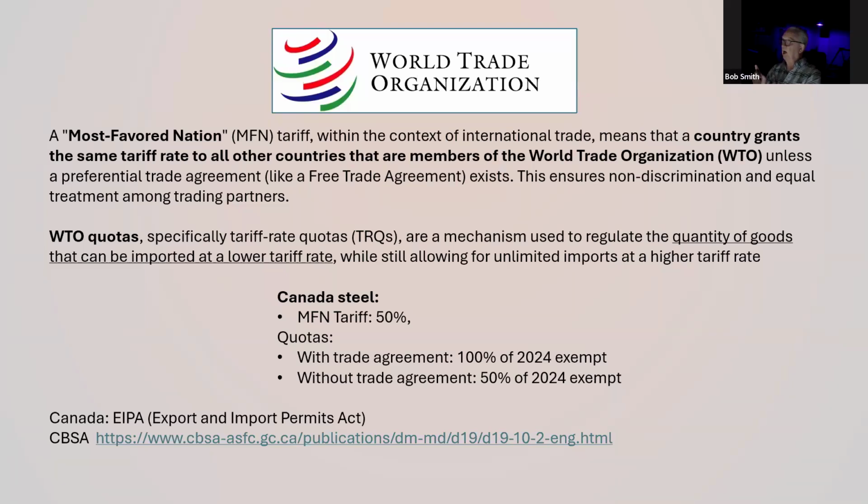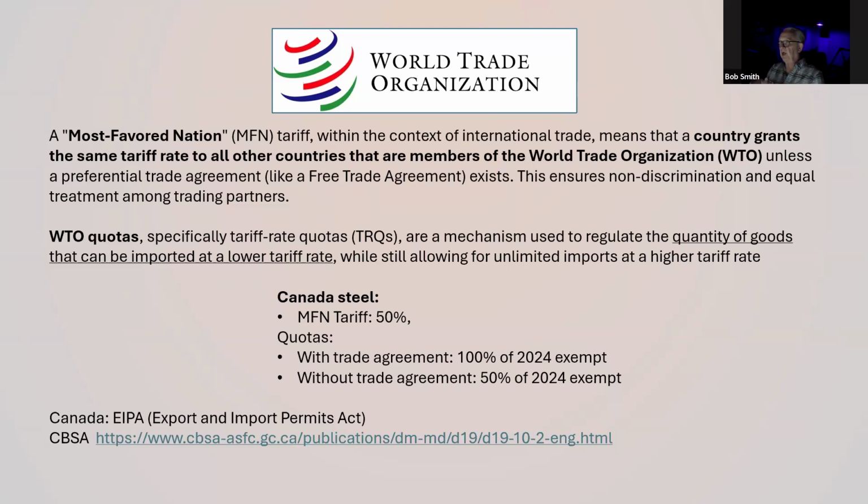And there are 160 countries. Unless a preferential trade agreement, like a free trade agreement, exists. This is to ensure non-discrimination and equal treatment among trade partners.